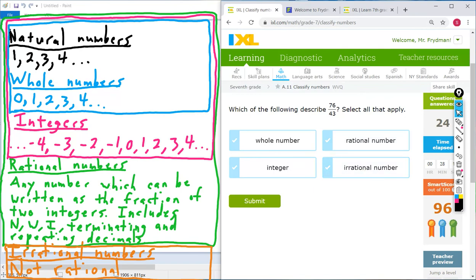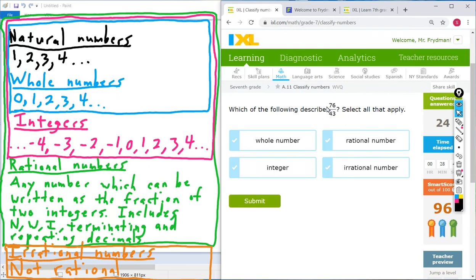Well, remember, a rational number can be written as the fraction of two integers. So here we have a fraction, and 76 is an integer, and 43 is also an integer.